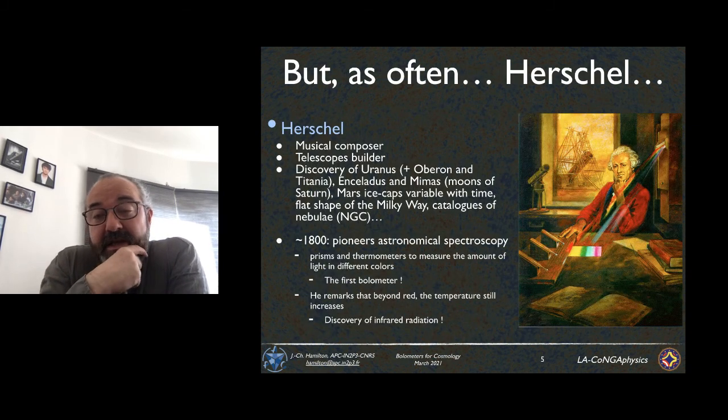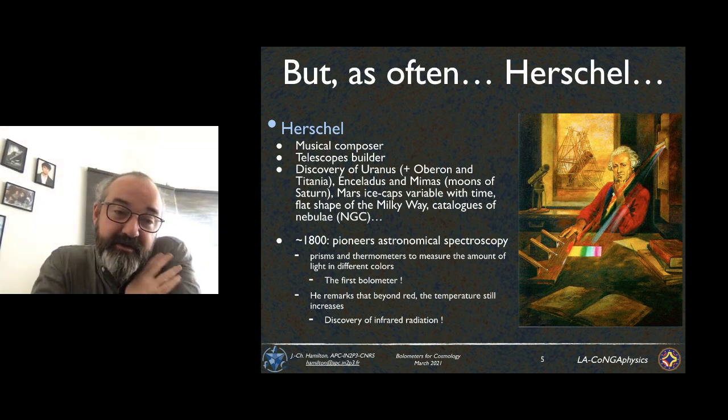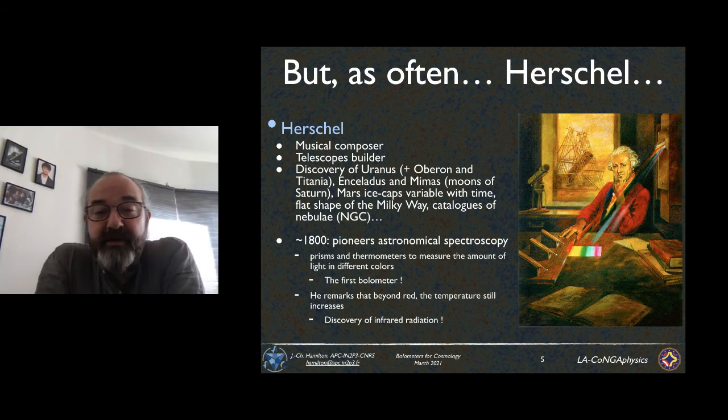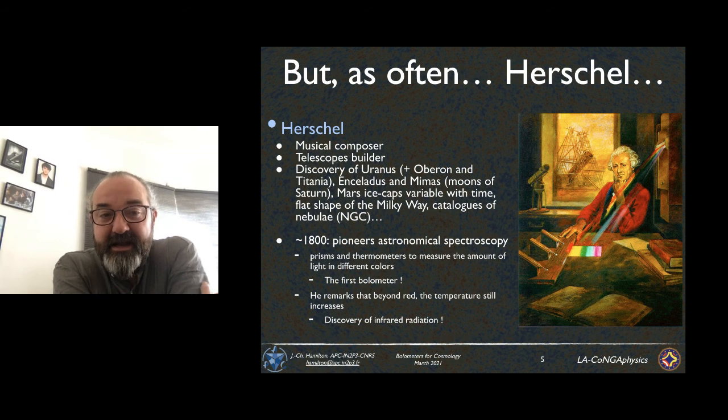So as often in astronomy, Herschel was there before anyone, and was ahead of the rest of the universe. So as you know, Herschel was an amazing musical composer. He built amazing telescopes, discovered a lot of objects in the sky, like Uranus, Oberon, Titania, Enceladus, and Mimas, which are moons of Saturn.